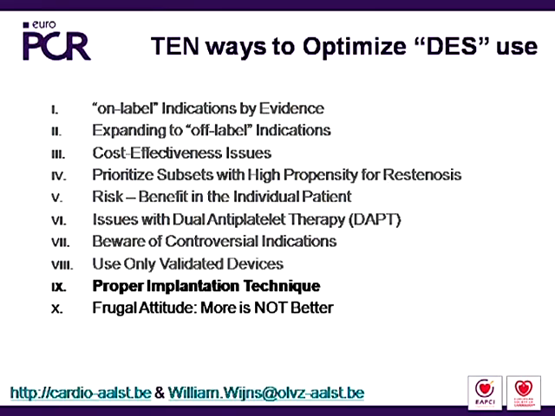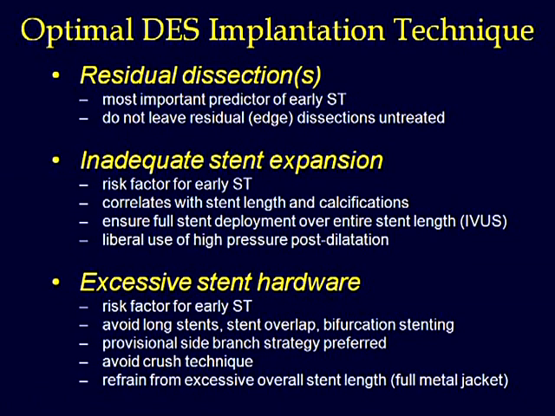And the main point here is to make sure it is fully deployed and that one reaches the largest possible diameter of the vessel. That is adequate stent expansion. Residual dissection should be avoided, and excessive stent hardware, as I've mentioned, is not the way to go.